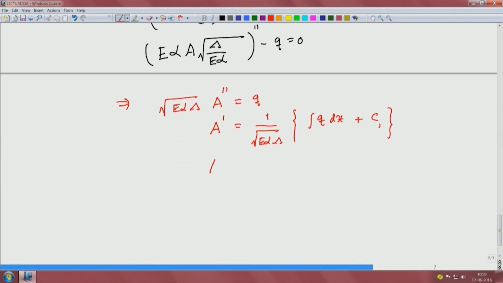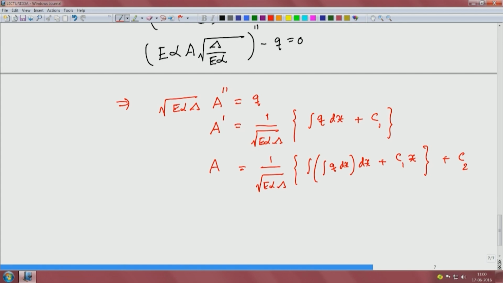And then one more time if I do, I will get 1 over square root of E alpha lambda, and then we will have one more integral of Q dx plus C1 x, and then we will have C2.